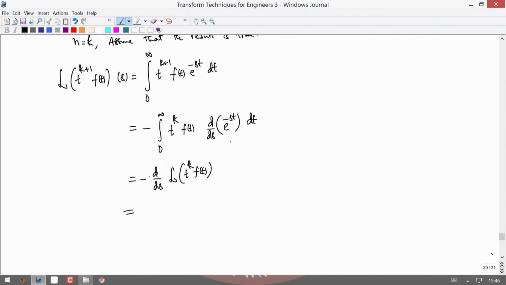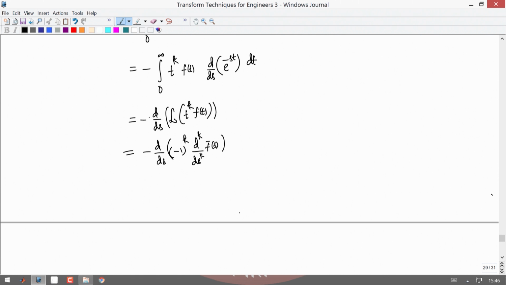You assume that this result is true. So, minus d by ds of the Laplace transform of this. In the place of this you can put minus 1 power k times the kth derivative with respect to s of f bar of s. Of course, this is a function of s, that is why you are able to do this.